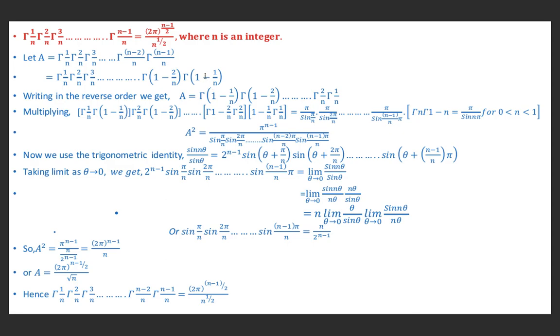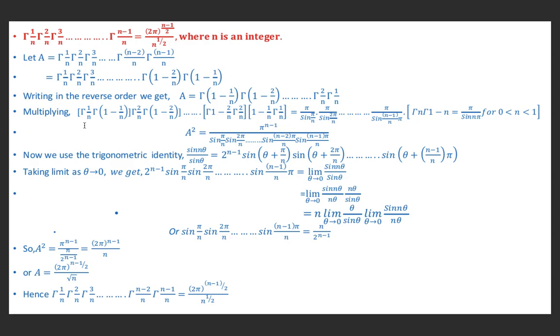If we multiply this formula and this formula, this is the formula which we have substituted a, and these are the terms which we have written in the reverse order. Multiply these and combine the corresponding terms in pairs.